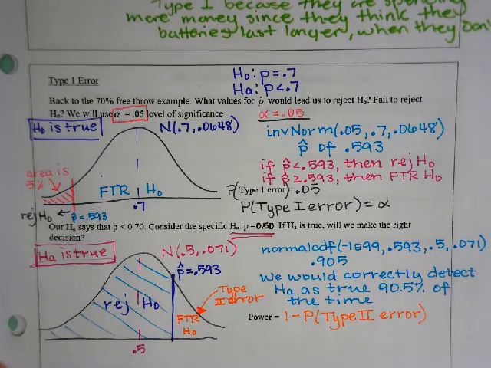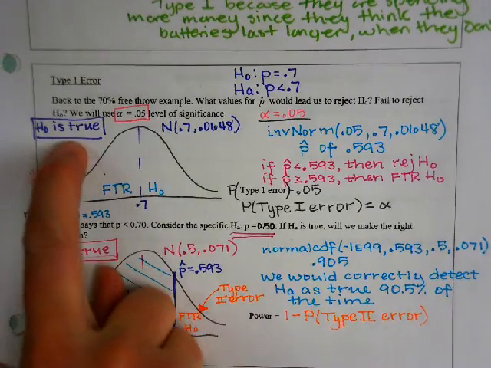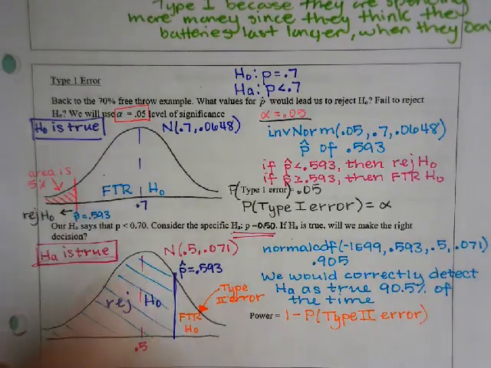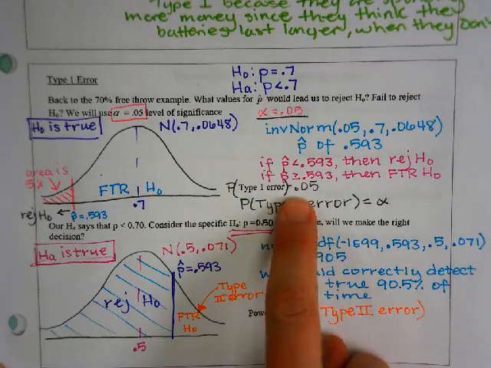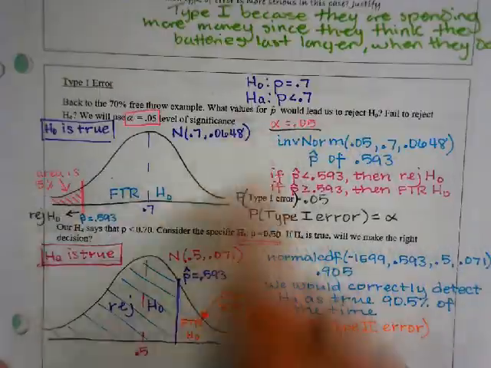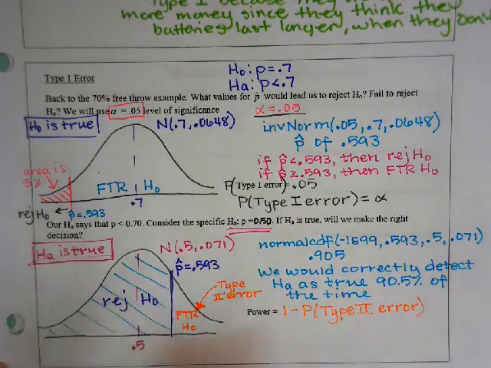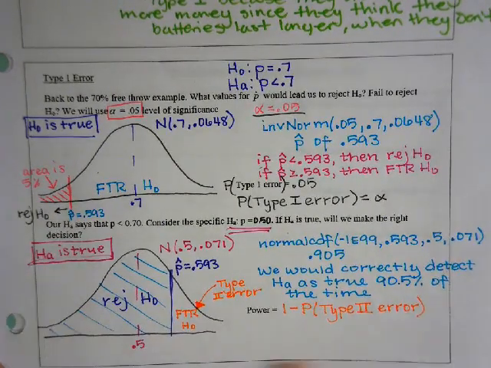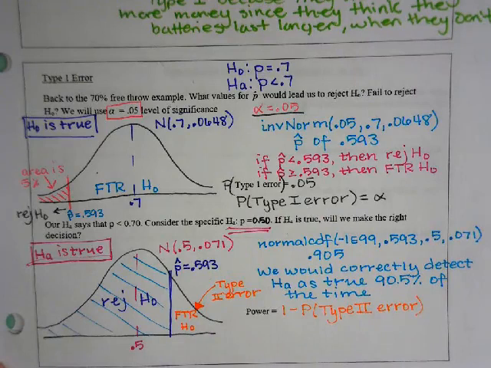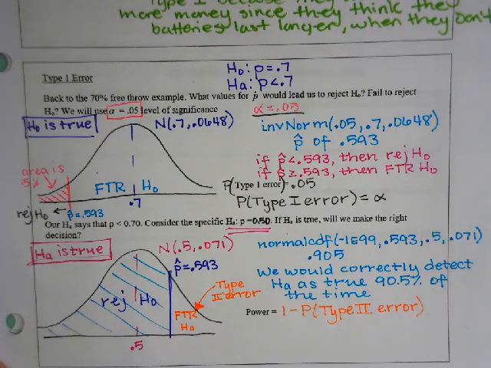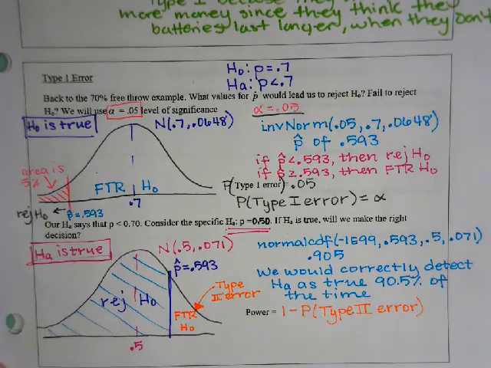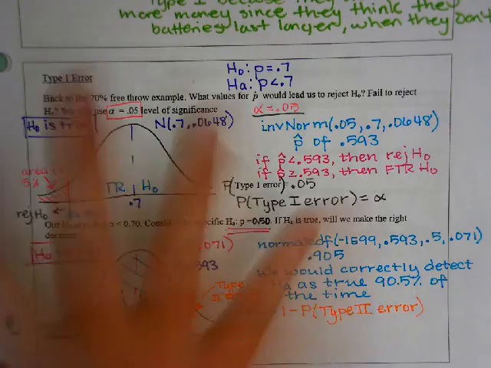And then I'll give you a specific alternative and ask you to find the power and the probability of a type 2 error. So star this, take a picture, but I promise it'll be 2 of the short answer questions. And the pictures are important. You won't get full credit if you don't have the pictures.